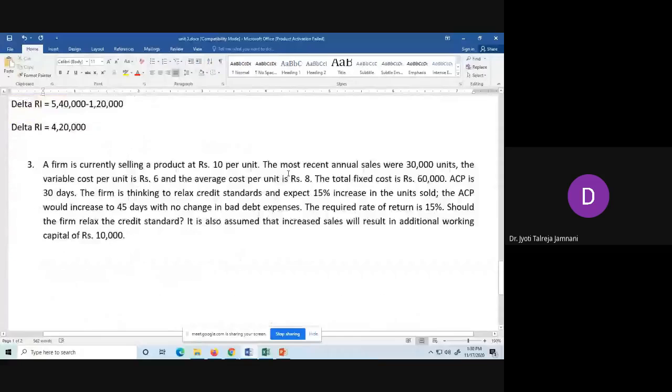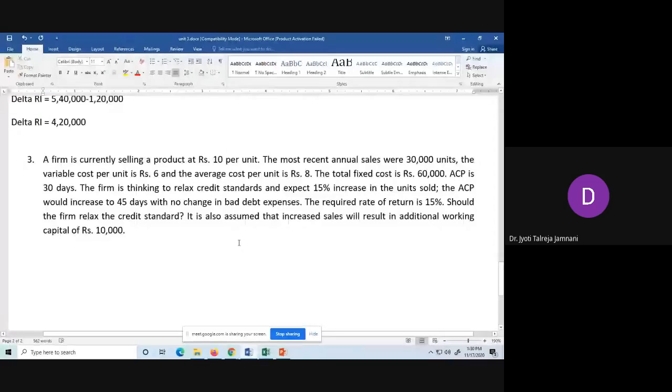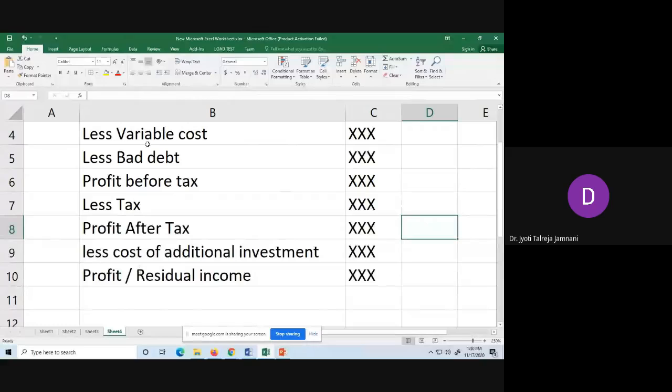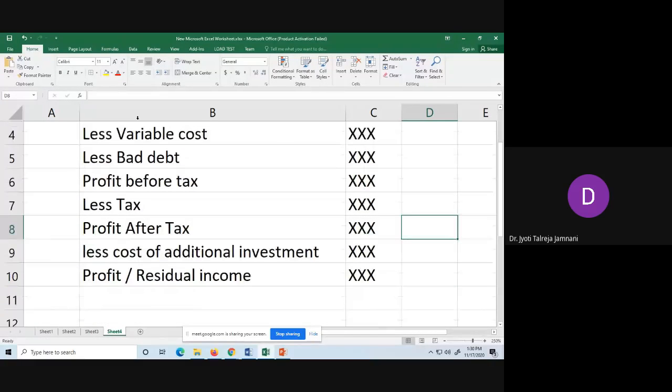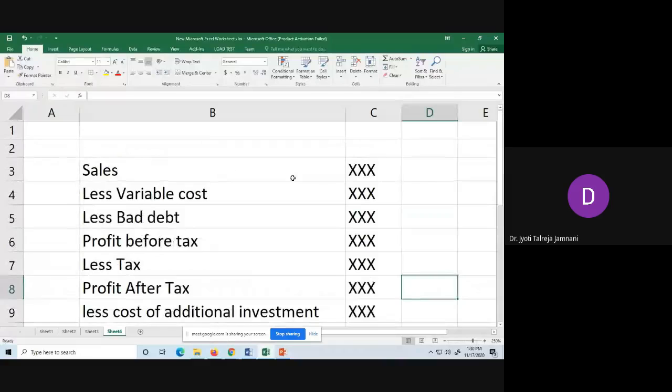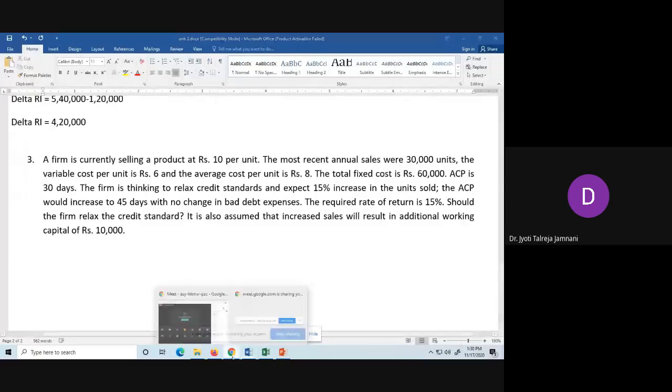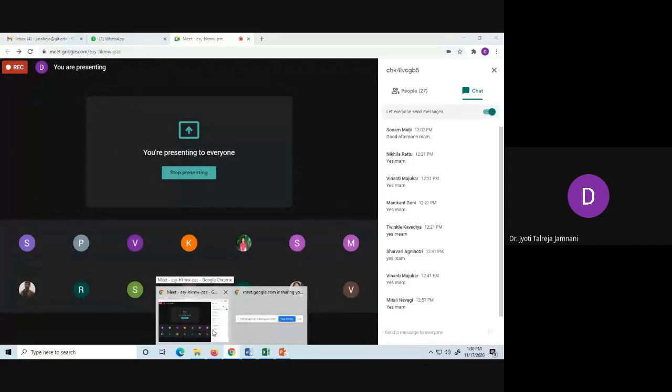If that is not there, we'll do it using the table method. By tabular method, I mean we'll use this method. We will write sales, less variable, less bad debts, and whatever cost that we have. So instead of putting it in the formula and calculating, we'll put all the values in the table and calculate. Okay, are there any other doubts? No, ma'am.